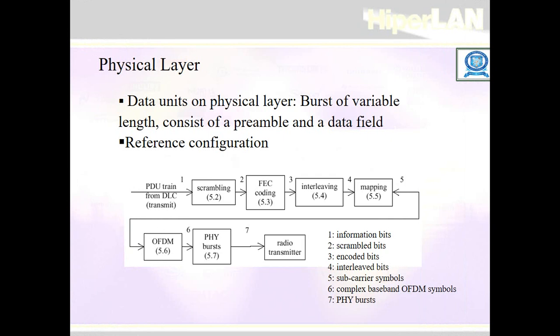It adds preamble bits for synchronization of the source and receiver, then applies encoding mechanisms for converting one form of information to another, and then interleaving. Then comes mapping and modulation. OFDM, orthogonal frequency division multiplexing, is followed. Then we have the physical burst and the radio transmitter, which transmits the signals.